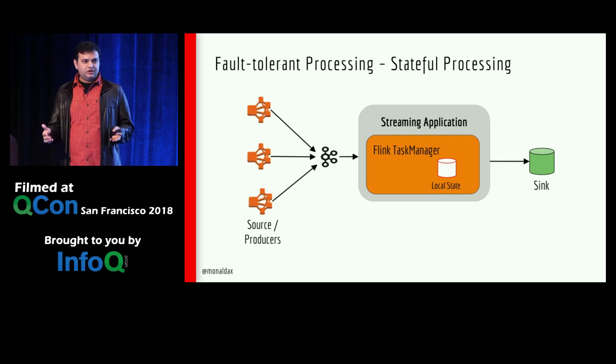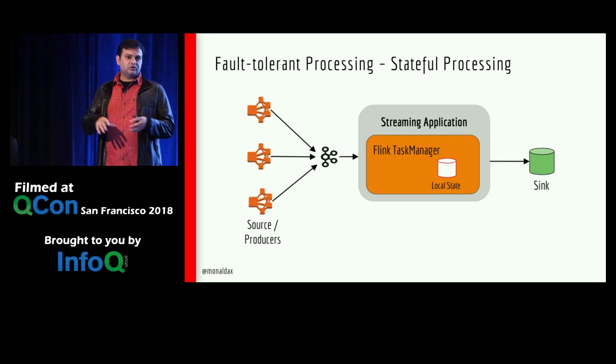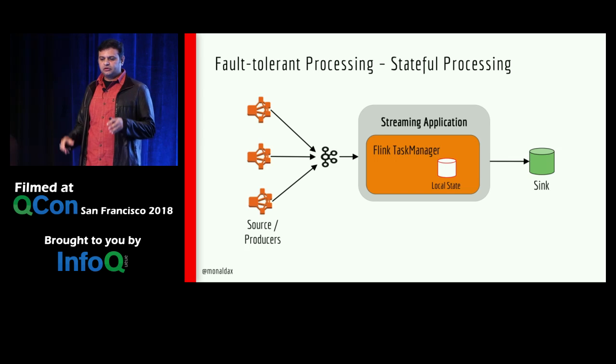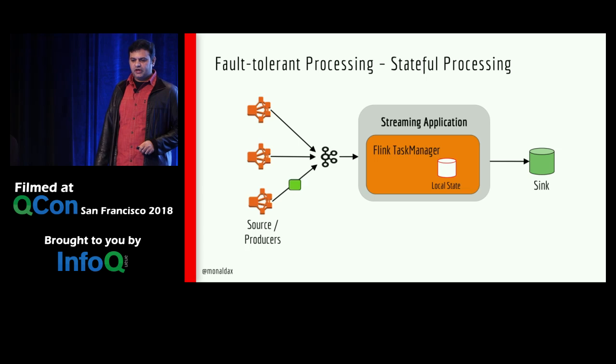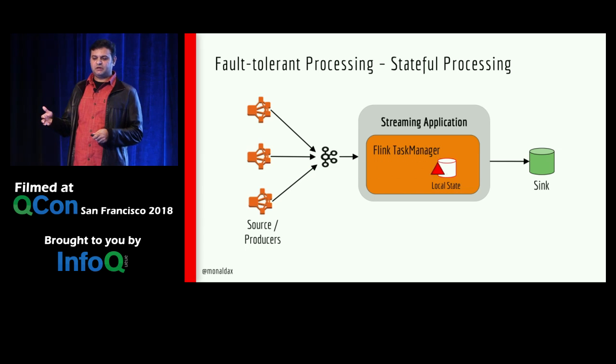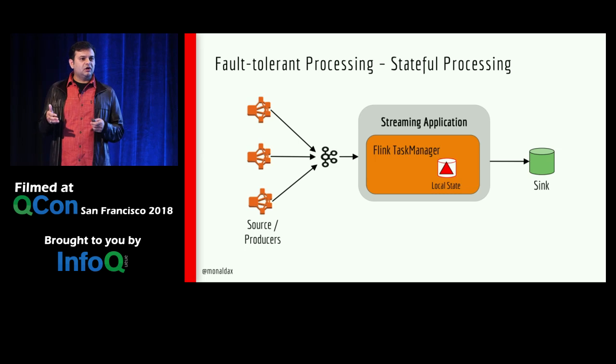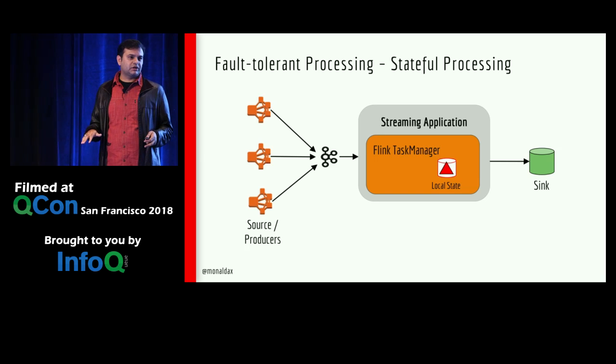And then we have a streaming application, which is the 3 processes I showed you. It could be many more workers. And then we'll look at what's happening to state as the events get processed. So we have an event that gets into Kafka, and then it's pulled into the task manager. One of the slots there processed the event, made some transformations of it, and then it automatically got stored into local state.